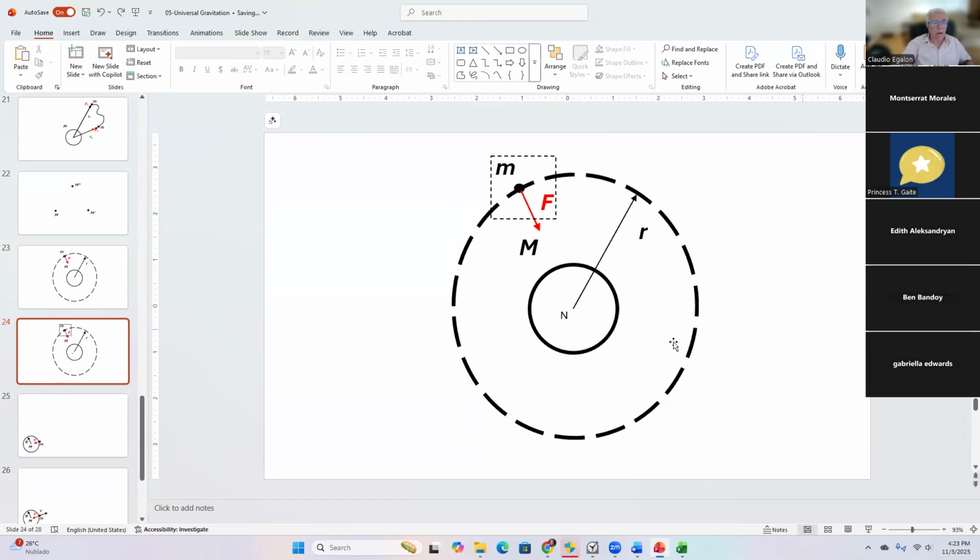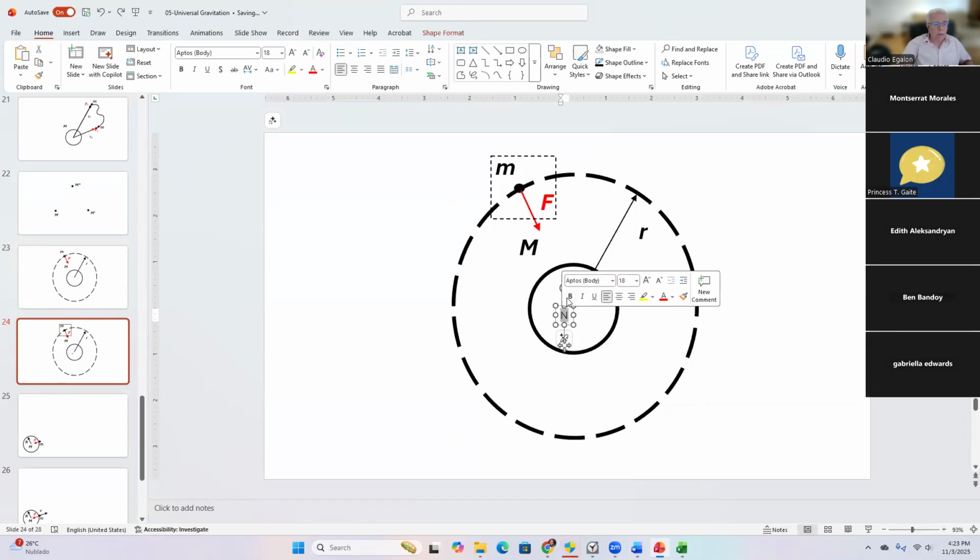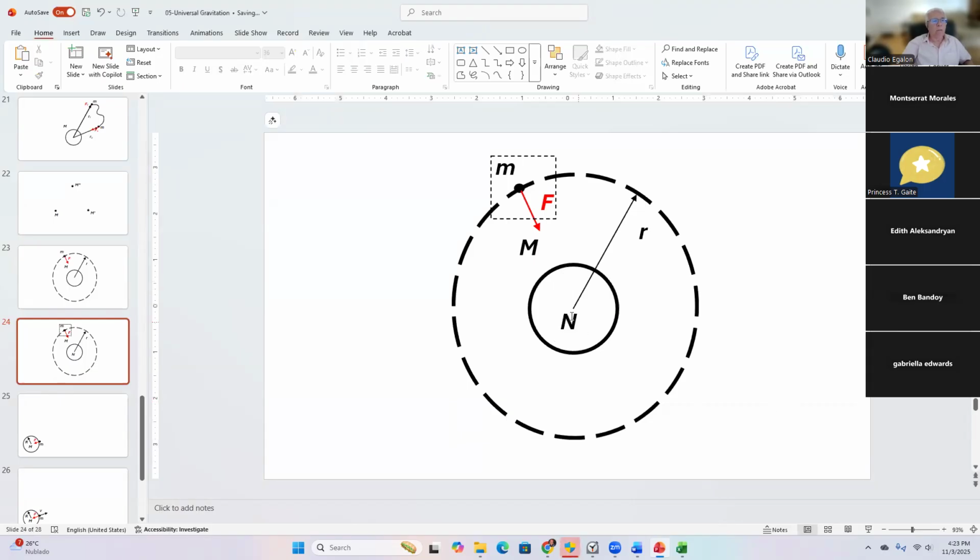Let me get this thing bigger. That's the North Pole of the Earth, right here. And this plane that you see here coincides with the equatorial plane of the Earth.